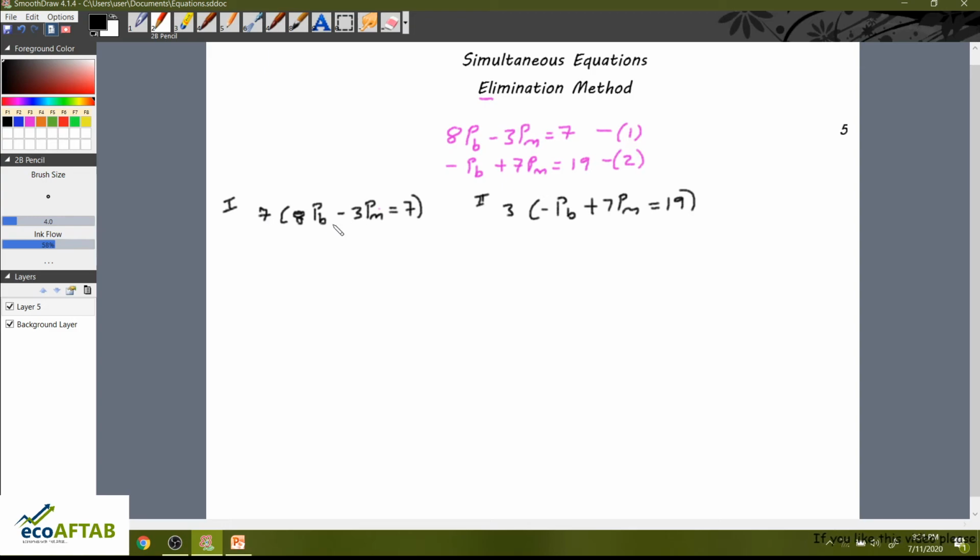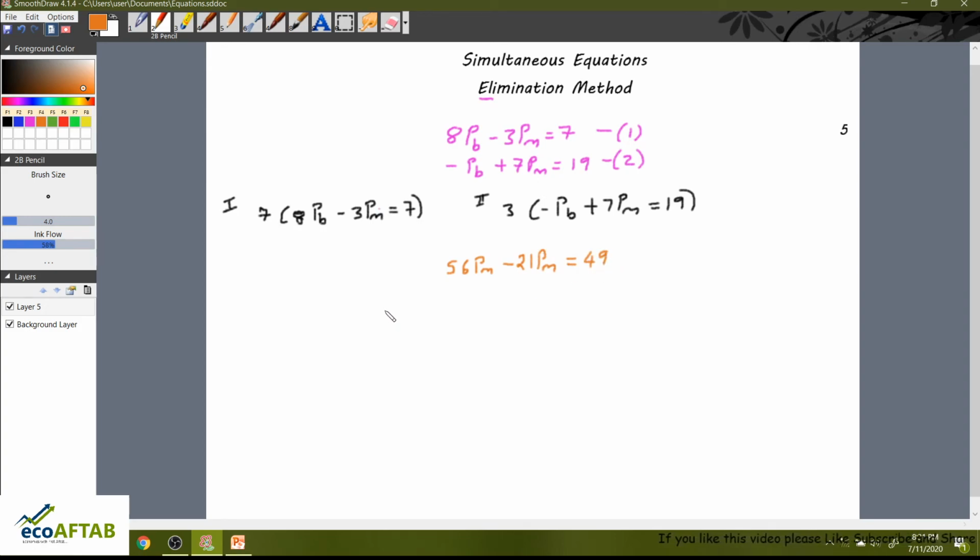So when you solve this, the value that we'll be getting is 7 multiplied by 8, that is equal to 56PB minus 7 multiplied by 3, 21PM is equal to 7 multiplied by 7 is 49.